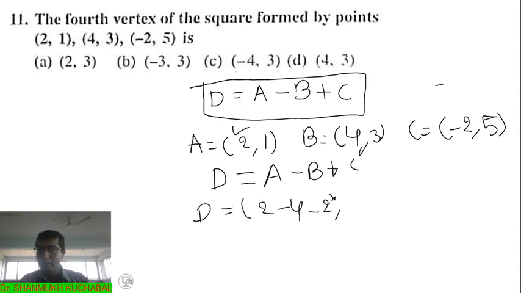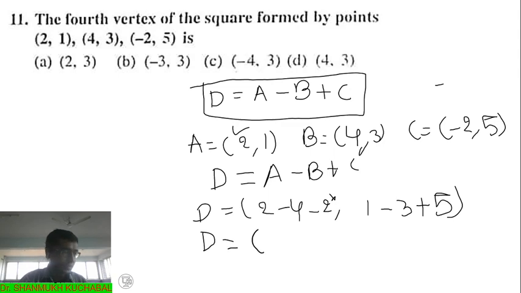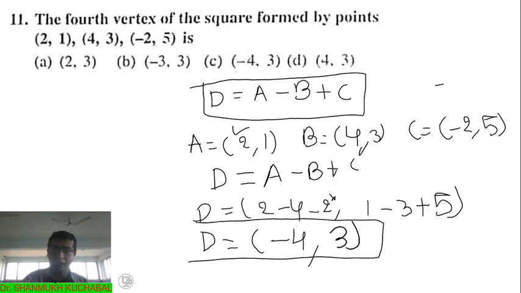And next we will take the y coordinate, it is 1 minus 3 plus 5. Okay, so on simplifying we get D equal to (-4, 3), so D equal to (-4, 3) is the right answer. So option C is the right answer.